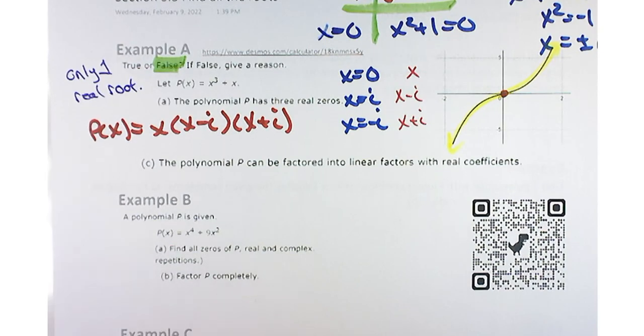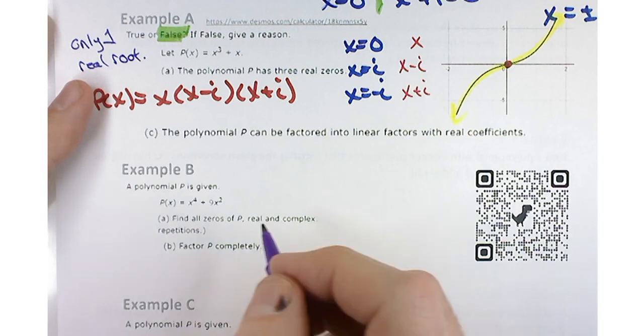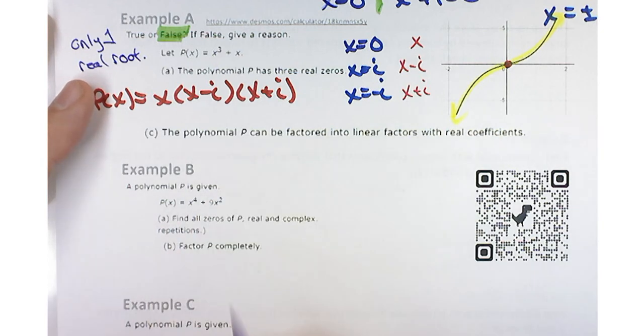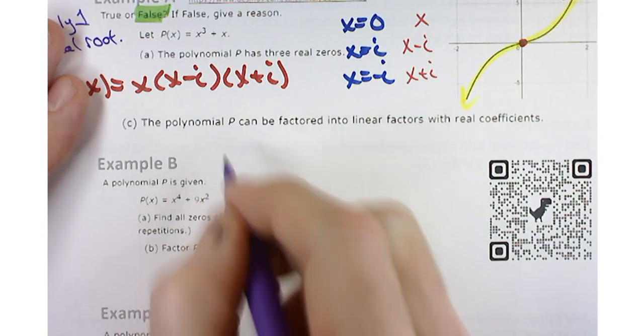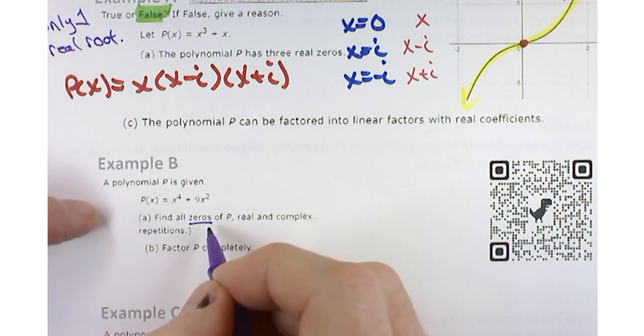Let's move down to the next one. So Johan, if I wanted to find the roots of this polynomial, what would you suggest we do? Break it down. How? So roots is another way of saying zeros.